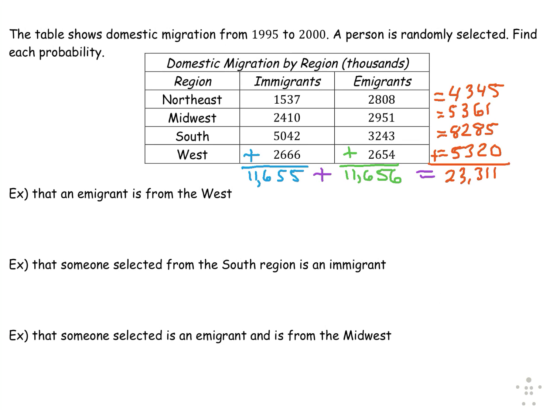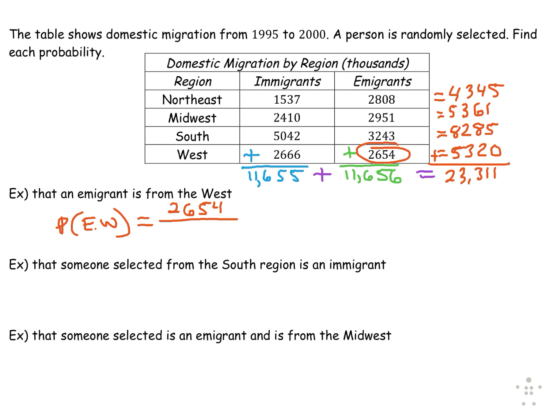For these problems, you really have to be careful with the wording. For the first example, we want to find the probability that an immigrant is from the West. So Western immigrant. So still usual probability, favorable over possible. Our target or favorable is a Western immigrant. So Western immigrant is right there. That's our numerator.